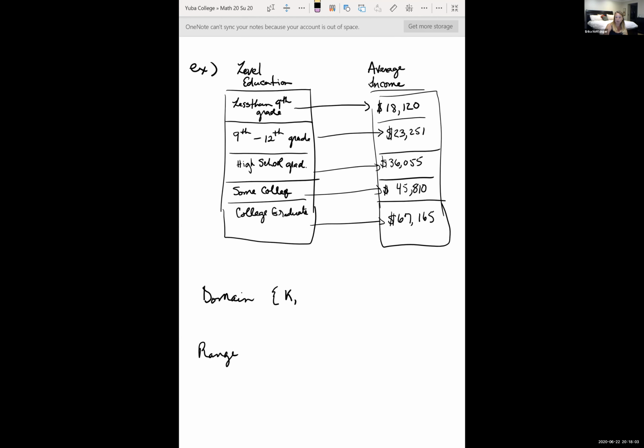I guess we could have pre-K in there. Pre-K, K, first, second, third, fourth, fifth, sixth, seventh, eighth. Then 9th through 12th grade. So 9, 10, 11, 12.